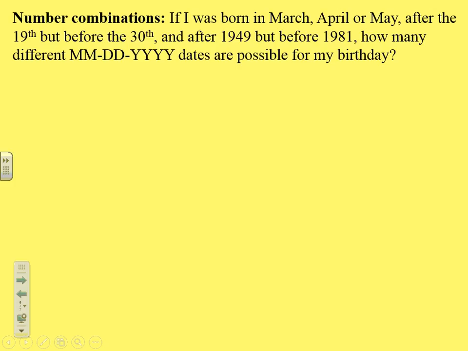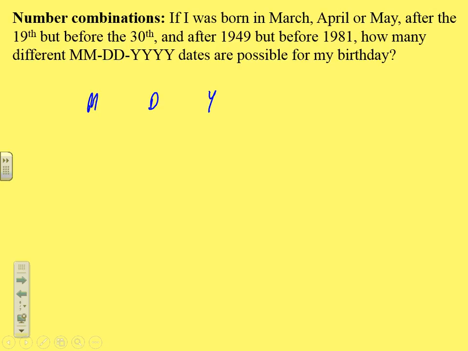So if I was born March, April, or May, after the 19th, but before the 30th, after 1949, but before 1981, how many different month, day, and year date combinations would be possible for my birthday? Here we're talking about months, days, and years. Those are the 3 things that we're counting.